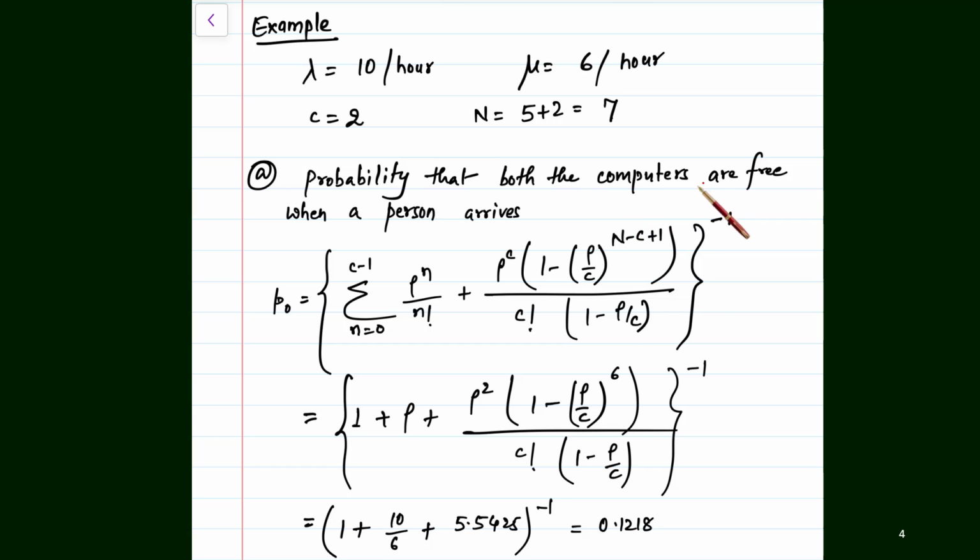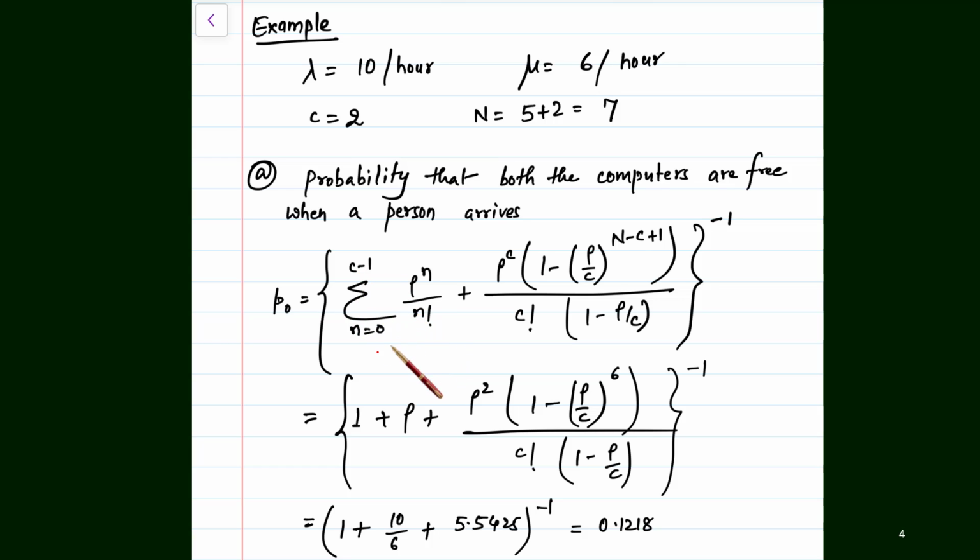Probability that both the computers are free when a person arrives. Both computers are free means there is no customer in the system, that is P naught, which we have to calculate, and we know the formula of P naught. So just put it there. Sum over n equal to 0 to c minus 1, where c is 2, so 2 minus 1 is 1, that means n equal to 0 and n equal to 1.